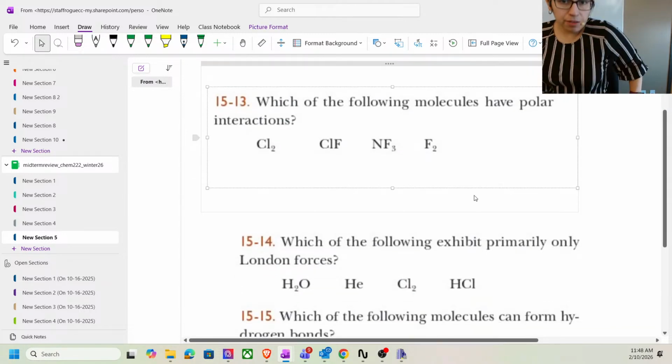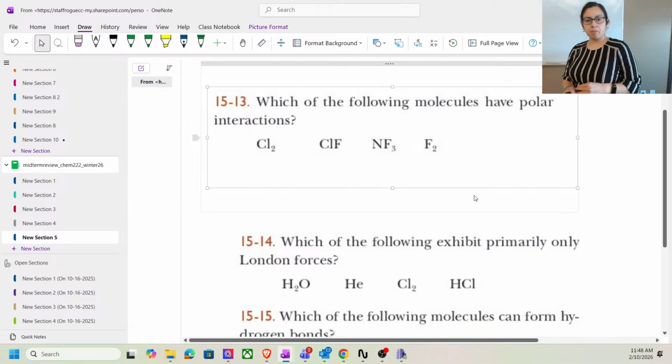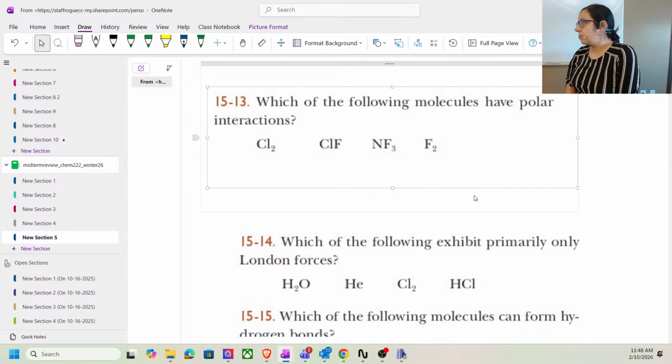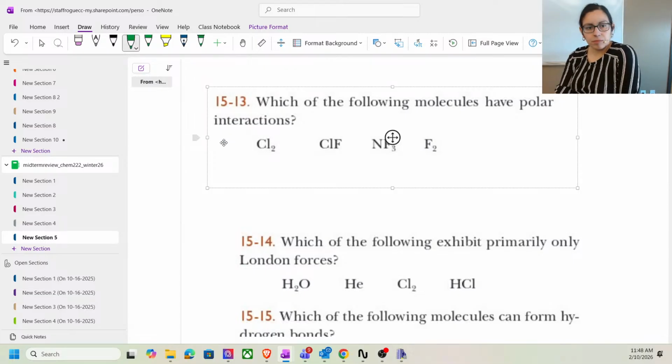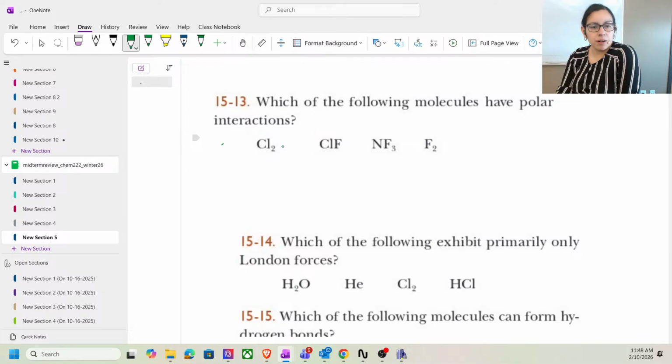All right, so what do we think for 13? Which ones have polar interactions? So chlorine, that's not going to be polar. So that's pretty much non-polar.